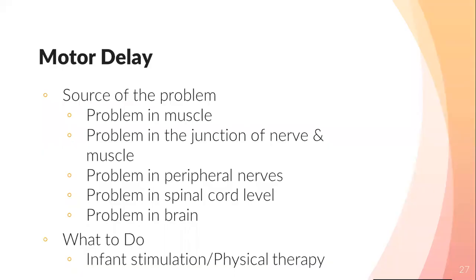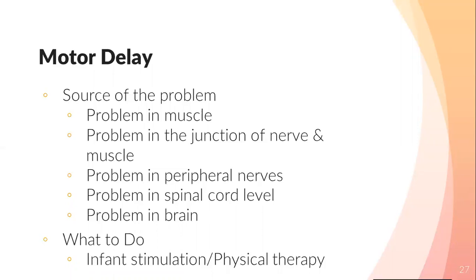Let's go into the various parameters. First thing is motor delay. Motor delay means when the muscle related developments are lacking. The problem could be right in the brain, it could be in the spine, it could be in the peripheral nerves, that is when the nerves come out from the spine and go to the corresponding body parts.